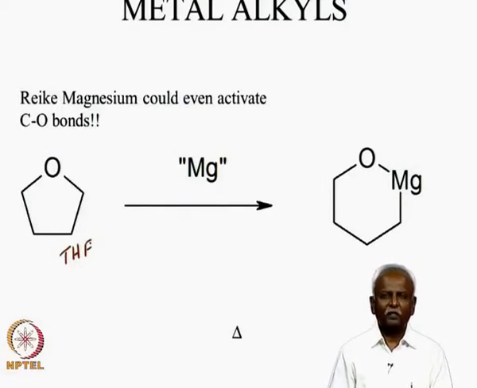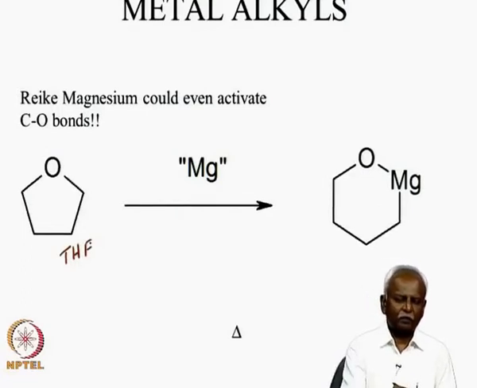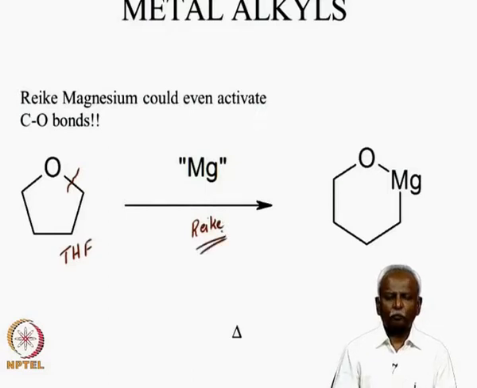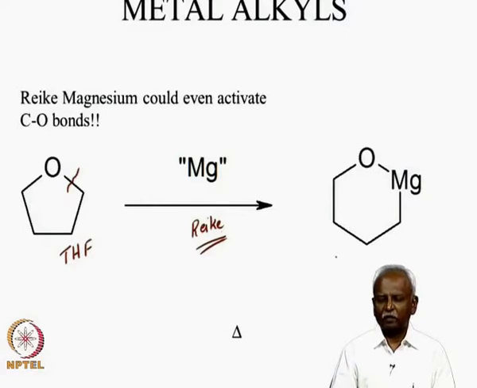So, even the C-O bond can be ruptured in the presence of Rieke magnesium. So, Rieke magnesium has a tendency to break the C-O bond and form the 6-membered metallocycle. So, some reactions of Rieke magnesium can in fact be disadvantageous.